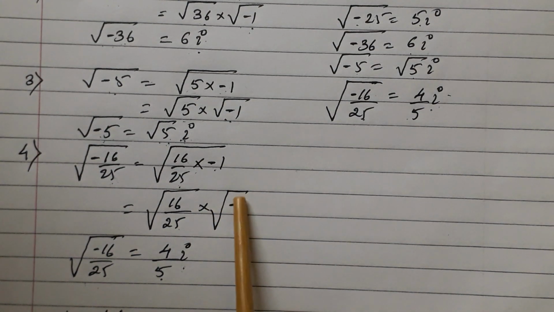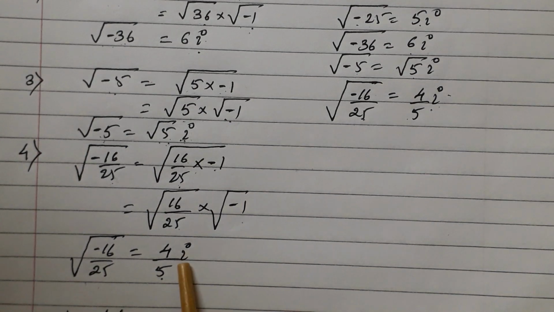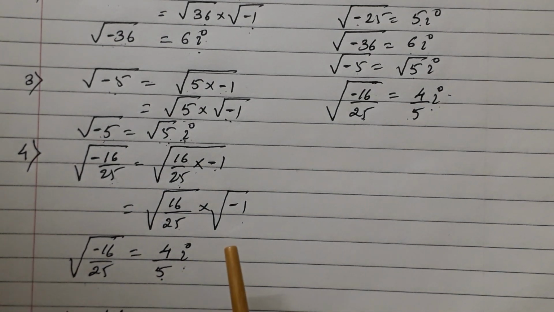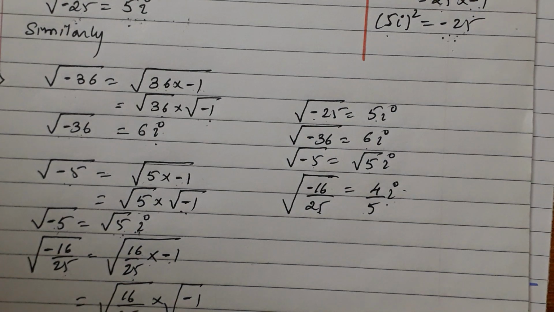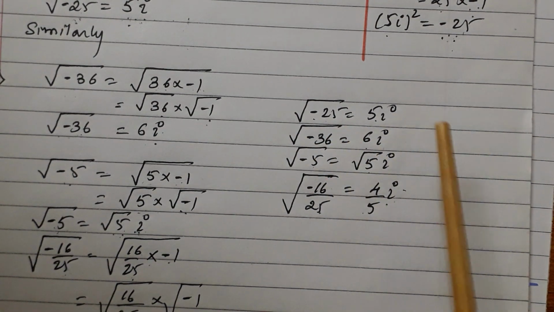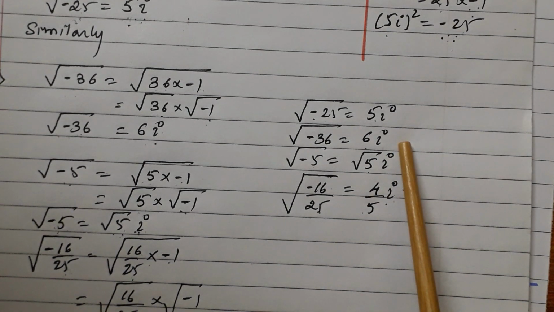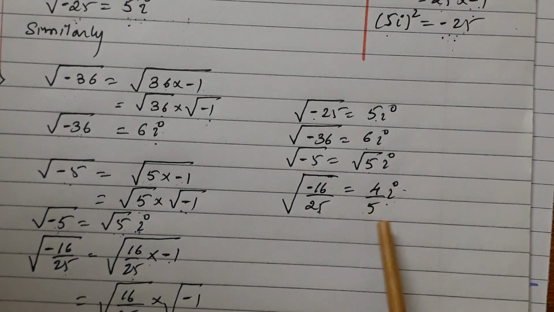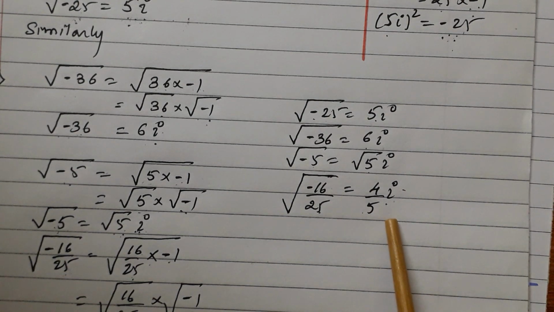Again replacing square root of minus 1 with iota, we get square root of minus 16 over 25 is equal to 4 upon 5i. So square root of minus 25 is 5i, square root of minus 36 is 6i, square root of minus 5 is root 5 i, and square root of minus 16 by 25 is 4 by 5i.